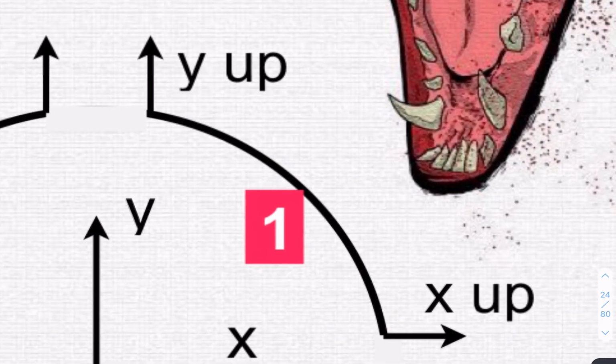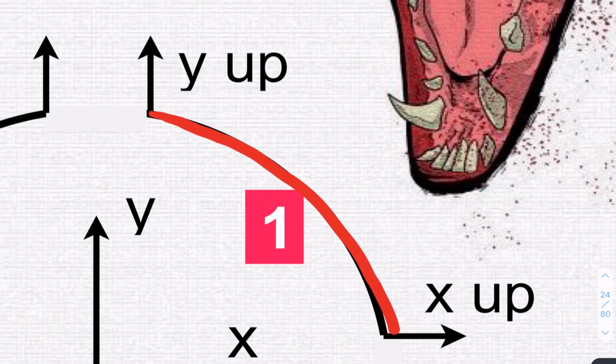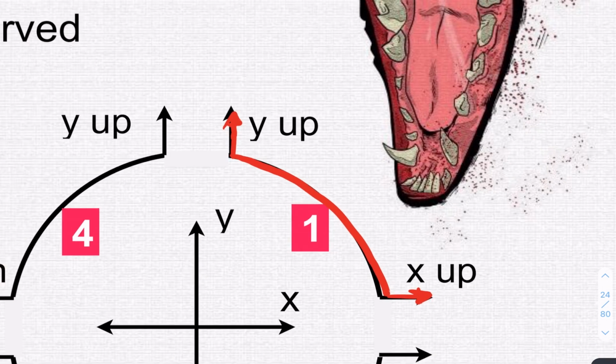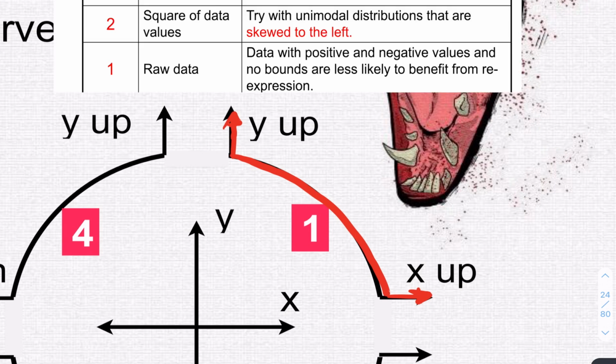So let's say your data looks like this. Well, if we want to linearize it, we could either go up the ladder on the x or go up the ladder on the y. So let's say if we're at 1, we could either square the x or square the y.